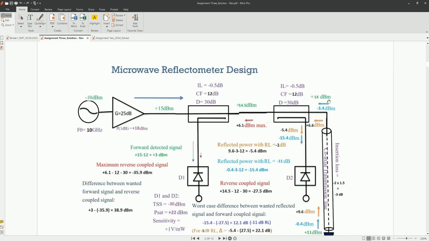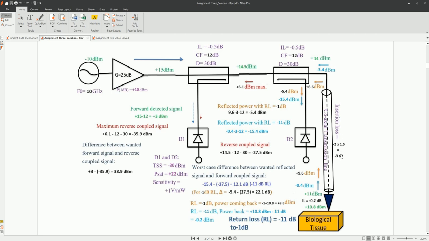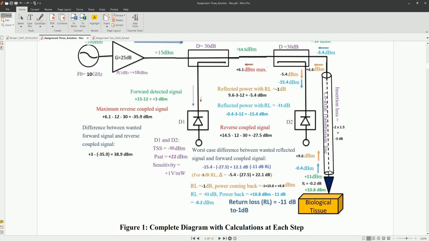This is your forward power. Then 14 dBm minus 3, we get plus 11 dBm here, and then minus the 0.2 dB probe insertion loss, we will have ultimately 10.8 dBm at the biological tissue.